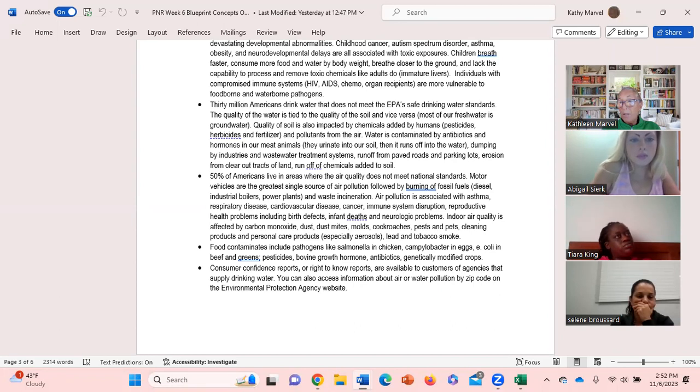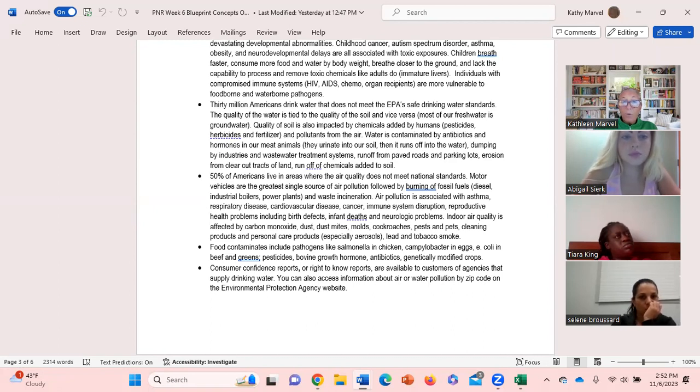Motor vehicles are the greatest single source of air pollution. Air pollution has lots of environmental risks: asthma, respiratory disease, cardiovascular disease, cancer, immune system issues, reproductive issues.